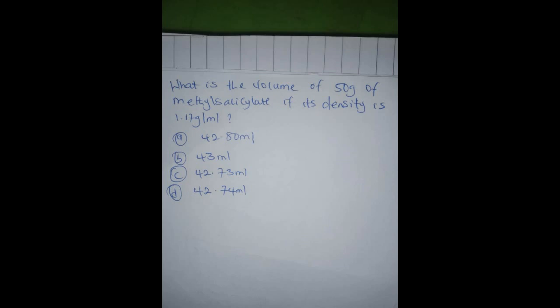I've not seen a volume measuring instrument that can easily measure into 2 decimal places. For practical purposes, I would choose 43 mL because that is what you can actually measure. But this question is just a calculation. They want you to know the volume. It's not a question that has to do with measuring a volume. So that's why I will not choose option B.